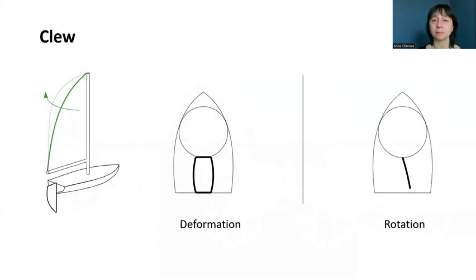For the representation of the clue, we use 2 main metaphors. One is about force, because clue measures actually force, so deforming the sail, but also we encode it in rotation of the sail.